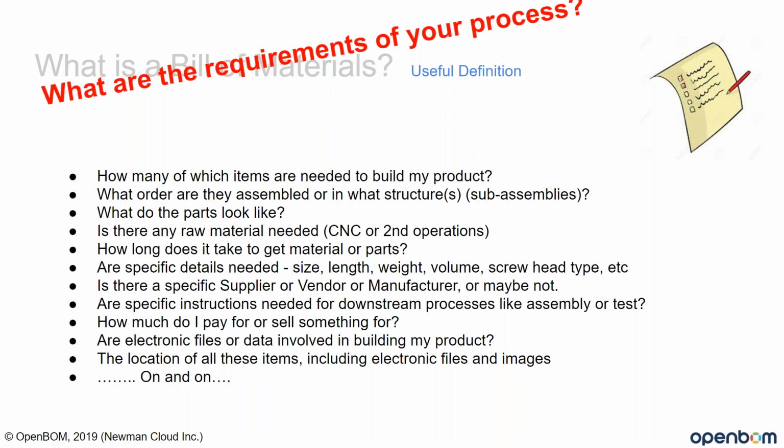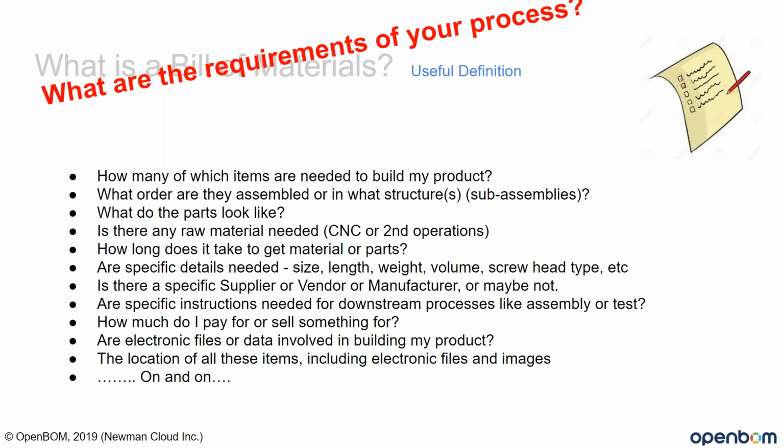Well, we take a look inward and we say, what are the requirements of our process? And this is another one of those cases where I recommend you put pencil to paper and just start writing these down. Again, no reason to type this into Excel or anywhere else. Just start capturing some of these ideas, maybe with your colleagues.